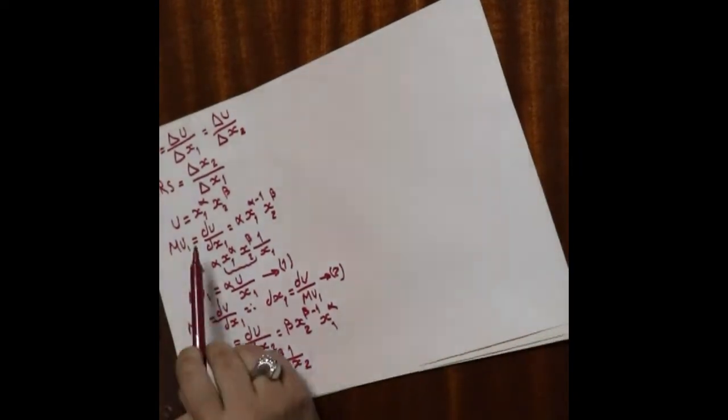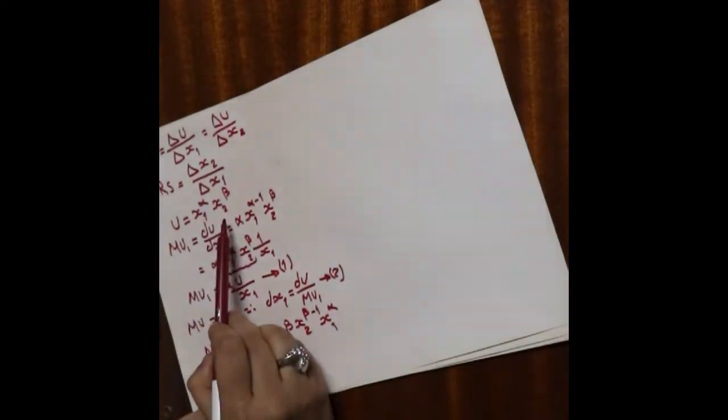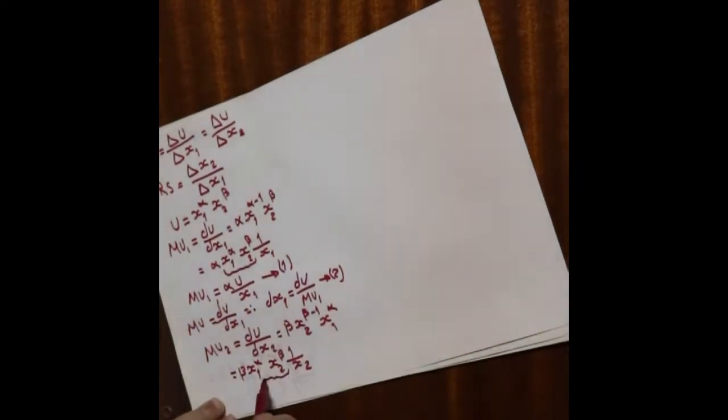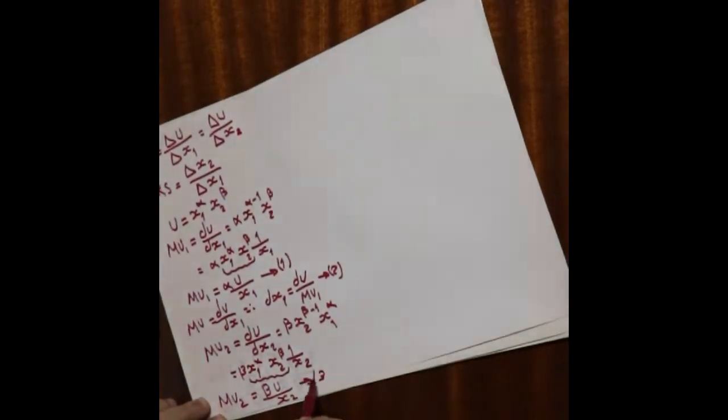We have U equal x1 power alpha multiplied by x2 power beta, so we put this part equal U. The marginal utility of x2, MU2, equal beta U over x2. This is the third equation.